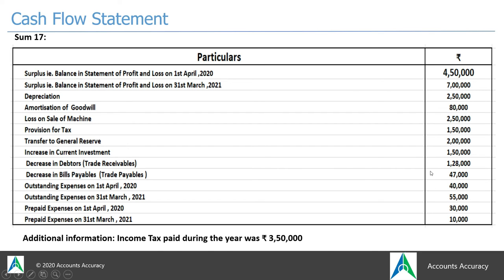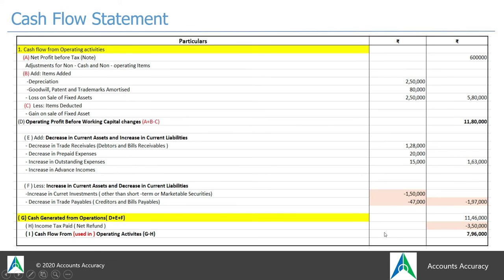So these two items, 1,50,000 and 47,000, should be deducted, because current investment is a current asset which is increasing, whereas trade payables, a current liability, is decreasing. The total of these two will come out as 1,97,000. So after deducting 1,97,000 from the total of 11,80,000 and 1,63,000, we will get 11,46,000.